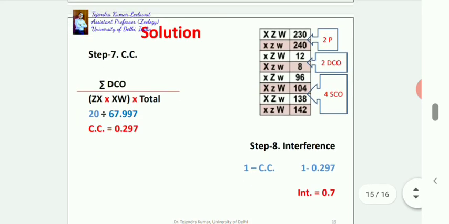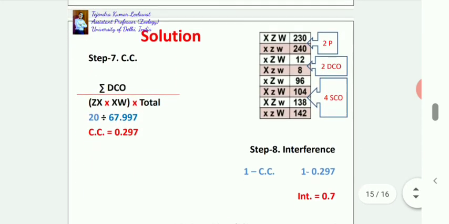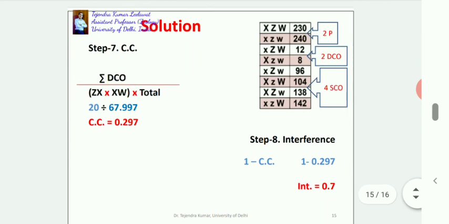Next solution is the coefficient of coincidence, step 7. For the coefficient of coincidence you have to calculate the double crossovers, sum all of them, and divide by the calculated distances between ZX and XW, as I told you in the previous slide. Observed upon calculated, into 100, where 100 should be taken as denominator, not on the upper side, right?